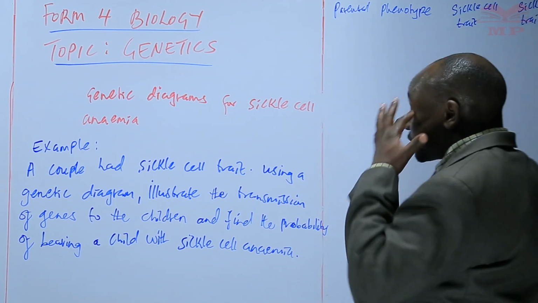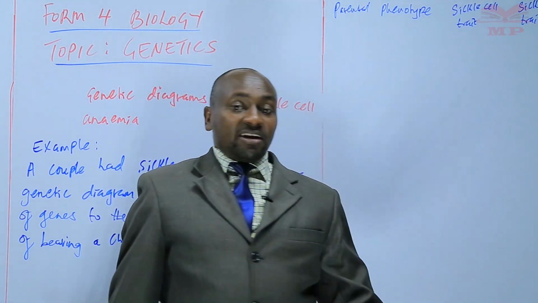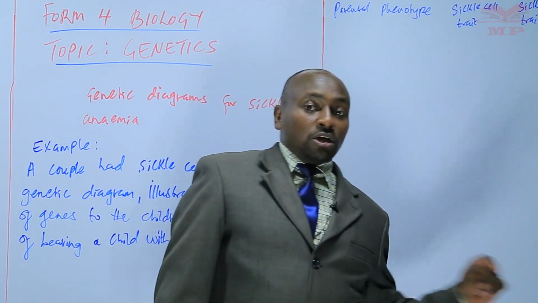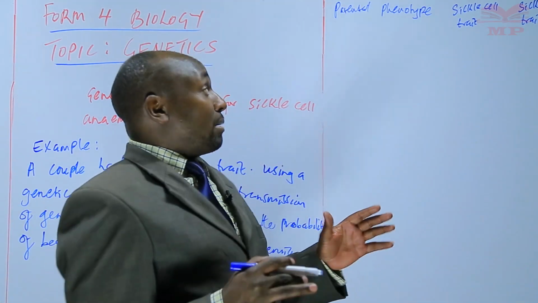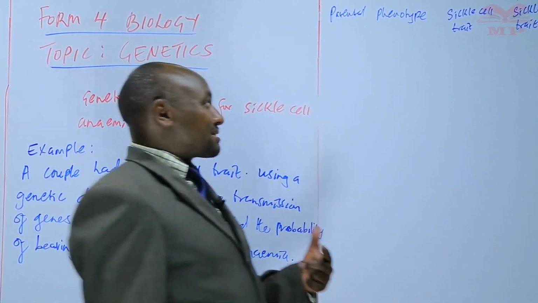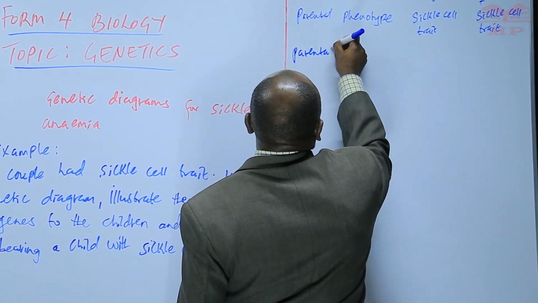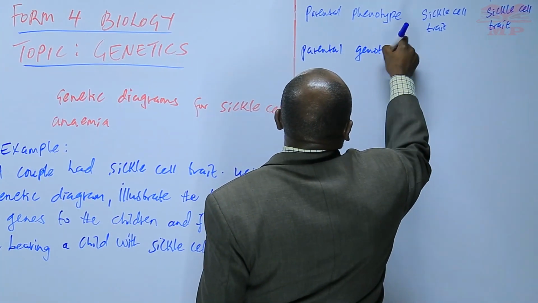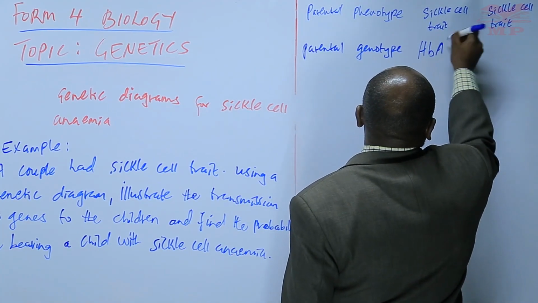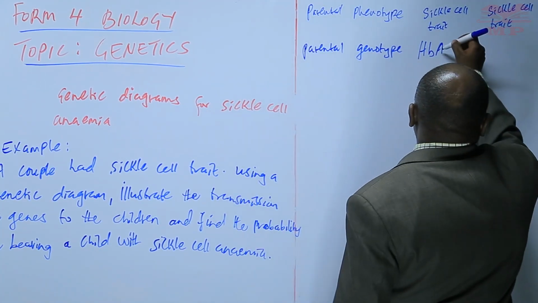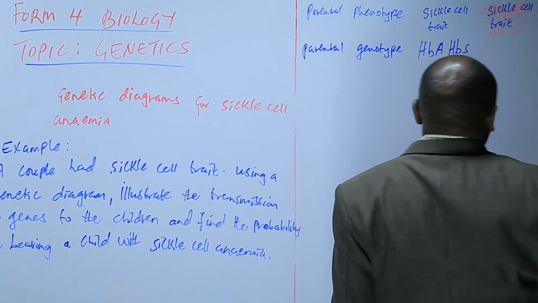Remember, these two do not have sickle cell anemia, but they have both the defective gene for the sickle cell and also the normal. So they have both. So they are in a heterozygous state. So parental genotype is HbA for the normal hemoglobin and HbS for sickle cell.